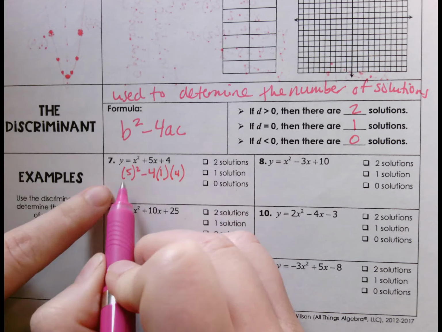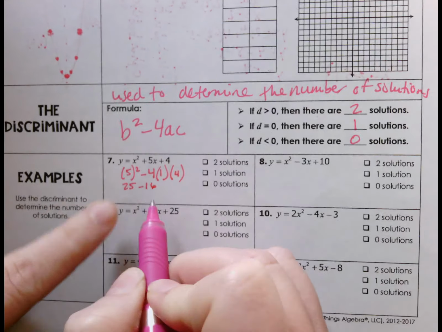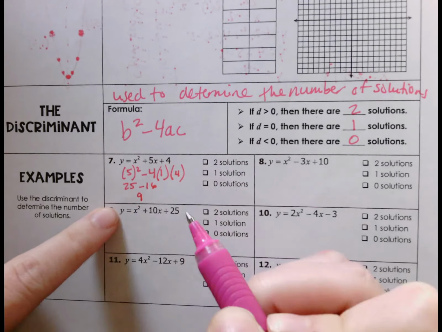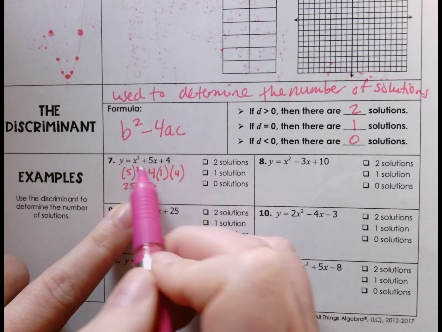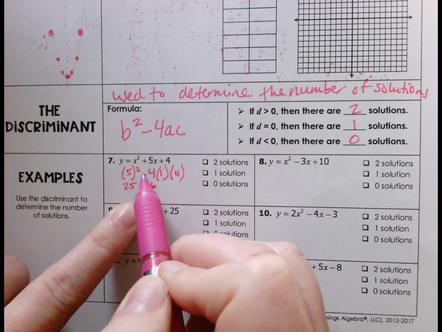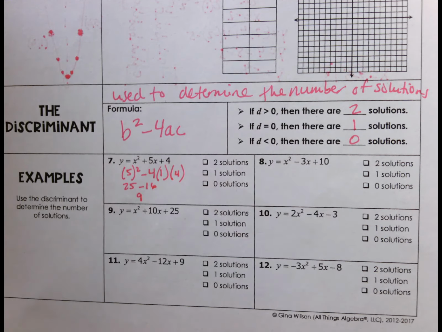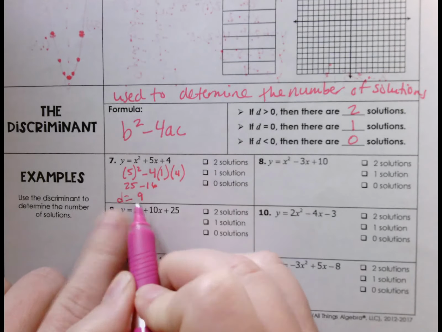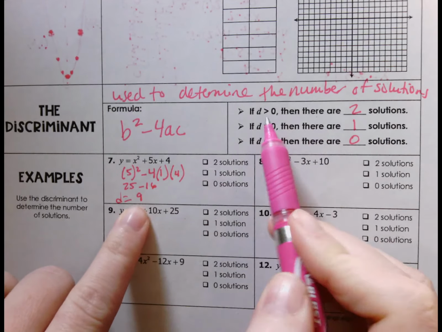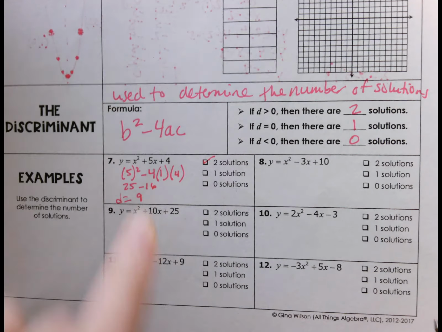All right, so we're going to have 25 minus 16, which is going to be 9. Okay, so in this case, if we were using this as a factor test, we would find out that we can factor this into two separate binomials. If we're using it as a discriminant, if d is equal to 9, it's a positive number, it's greater than 0, so there are going to be 2 solutions. Okay?